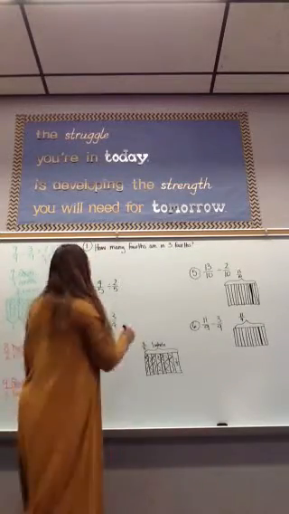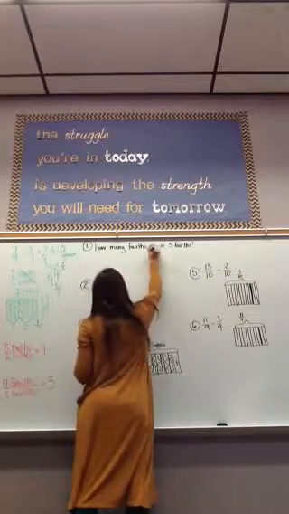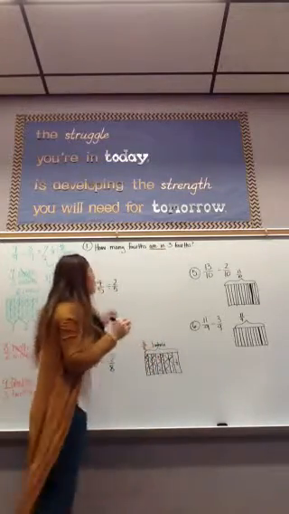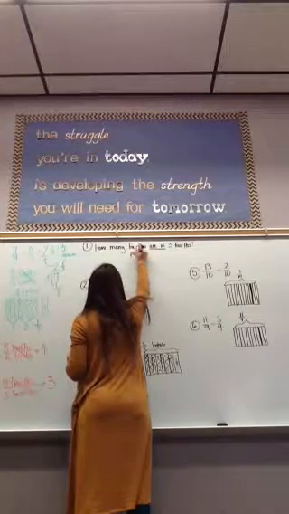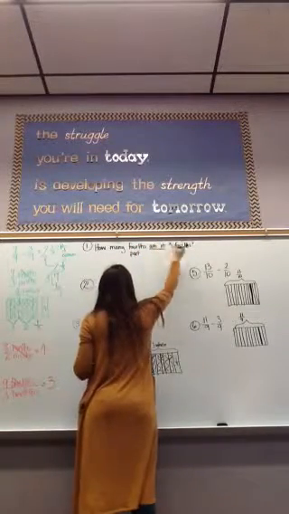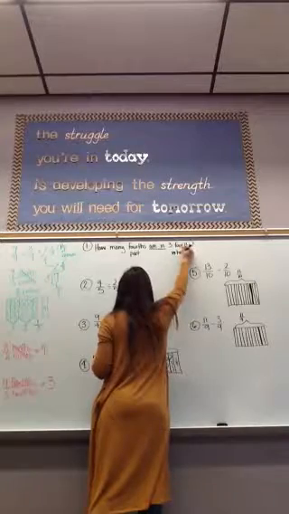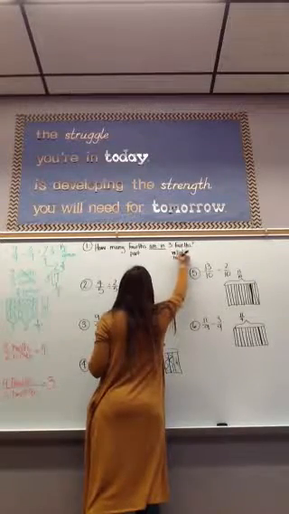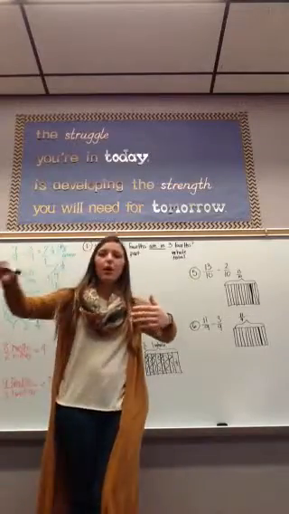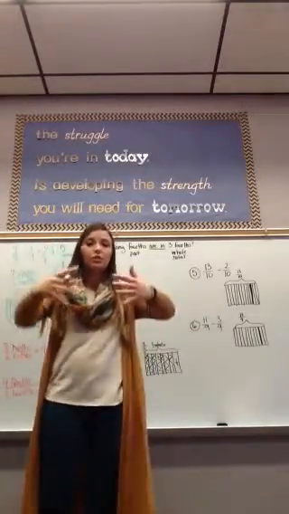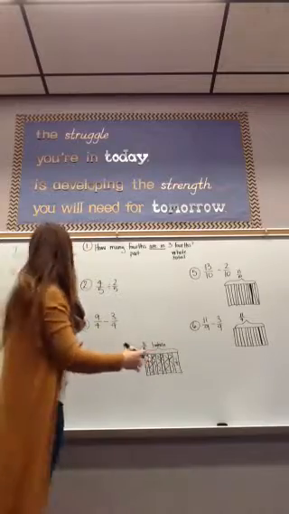Number 1 said, how many fourths are in 3/4? The words "are in" are key words that tell me that this is a part that are in the whole, or the total amount. Because if I have 3/4 here, I want to know how many 1/4 are in there. So 3/4 is going to be my whole amount, my total.